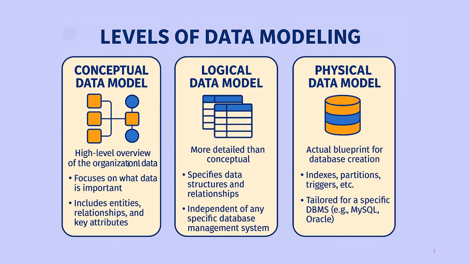Conceptual level, or conceptual data model, is the big picture, and here we need to identify the main entities in the database like student, course, enrollment, order, customer, etc. The logical data model: here we add more details like relationships, keys, data types.